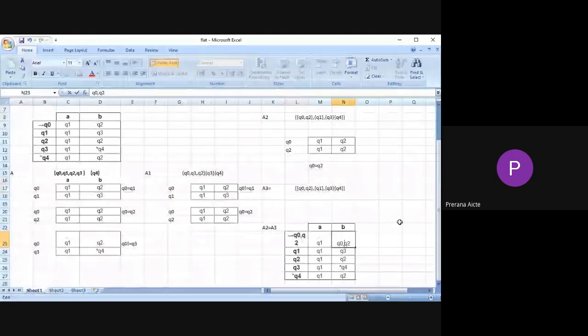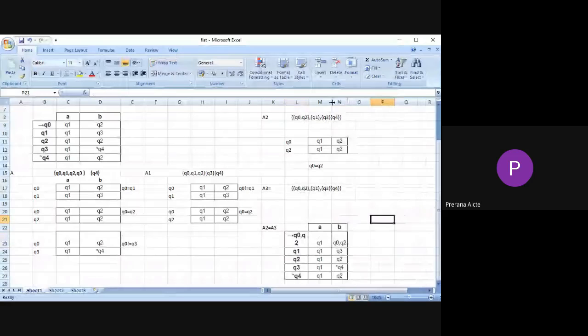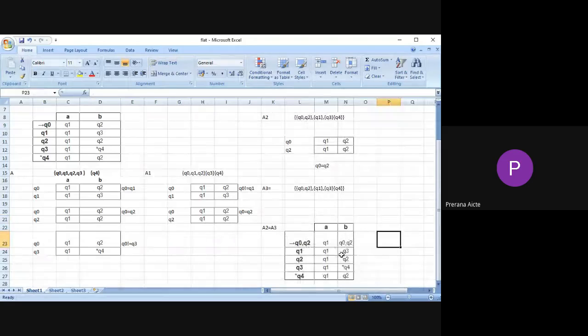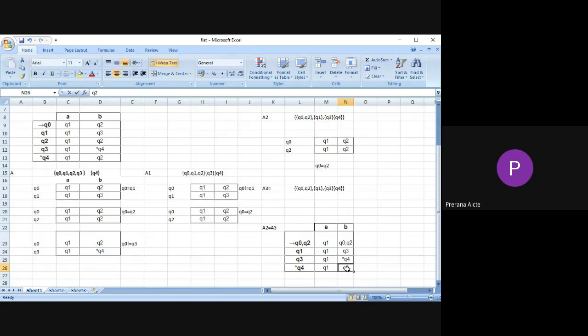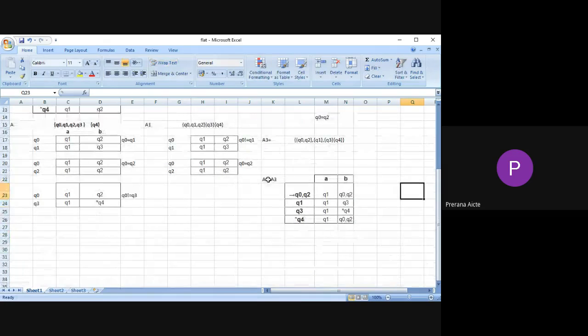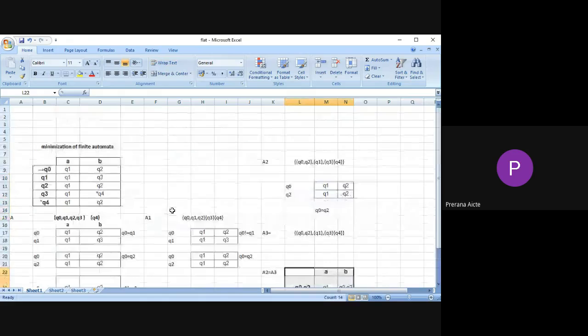We eliminate this state because it is equivalent to the Q0 state, and Q3 remains. So Q0, Q2 together form the minimized finite state machine for the given transition table.